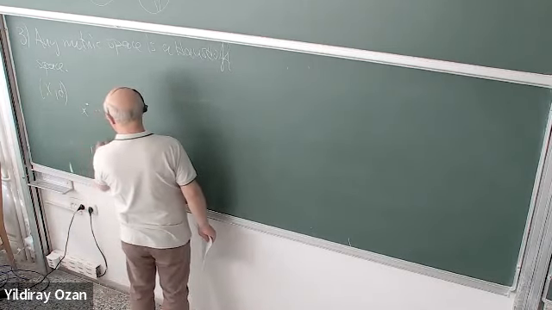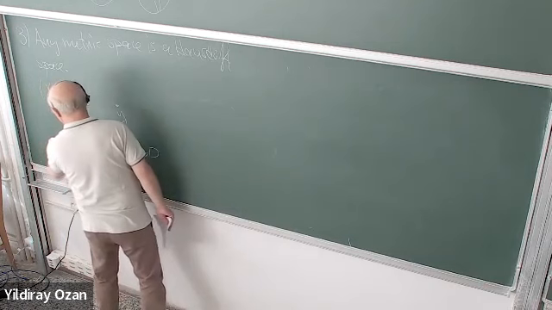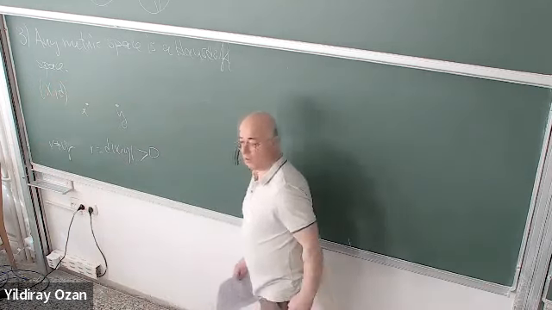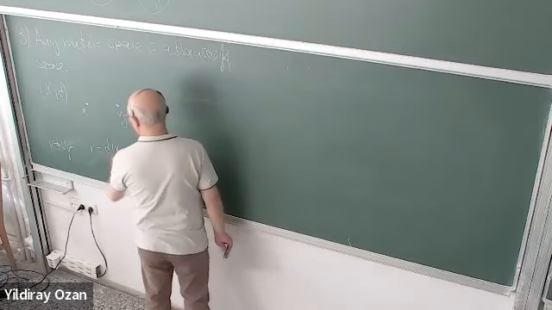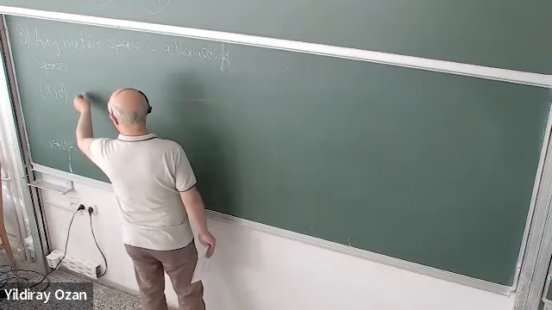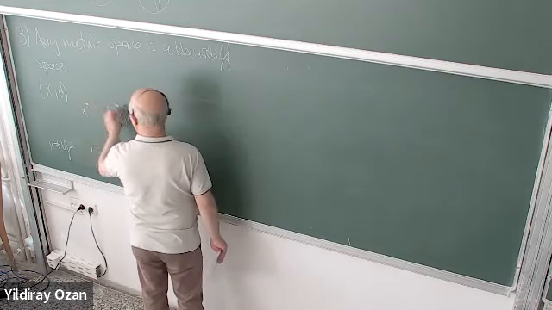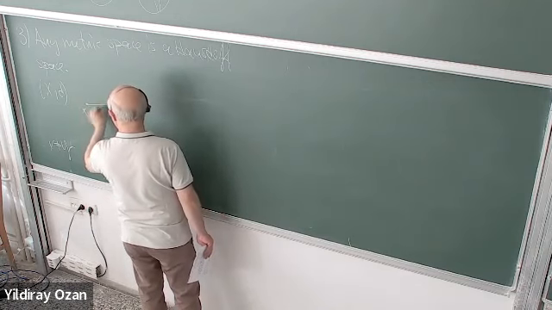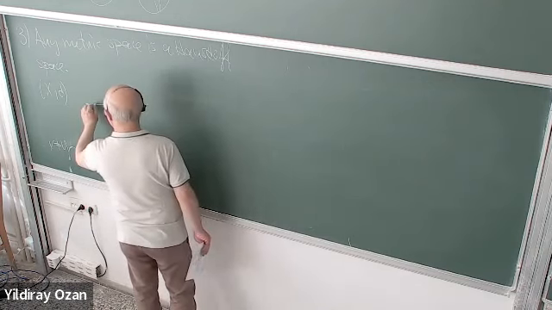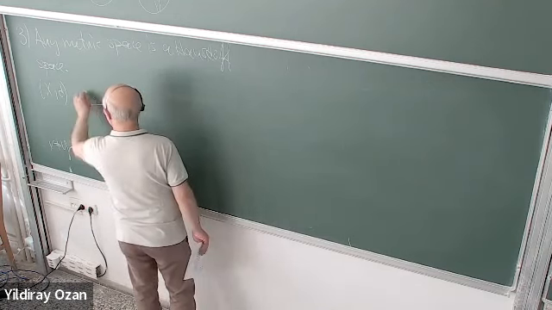Let's say r is the distance between x and y, which is a positive real number if x and y are different. Then just take the ball with radius r/3 about x and y. So you look at this distance, divide it into 3, and then just look at this ball and this ball. Clearly, these balls are open sets containing x and y, and they are disjoint. Therefore, any metric space is Hausdorff. Okay.